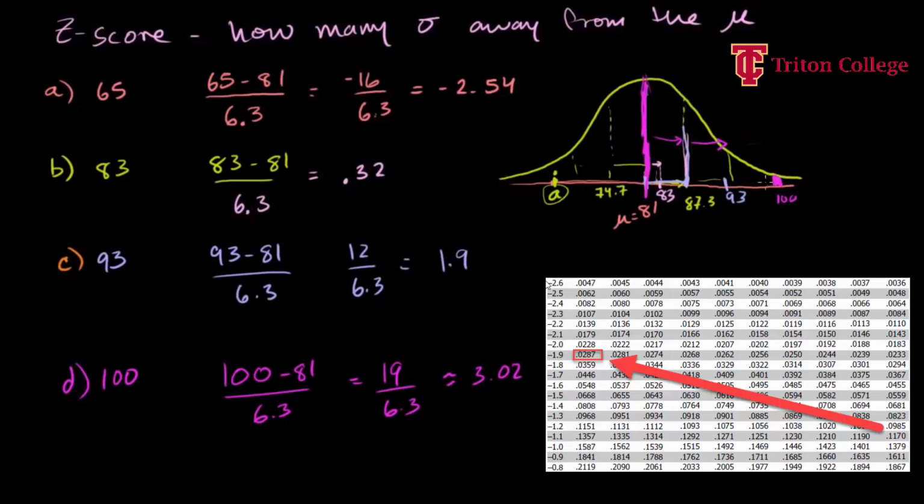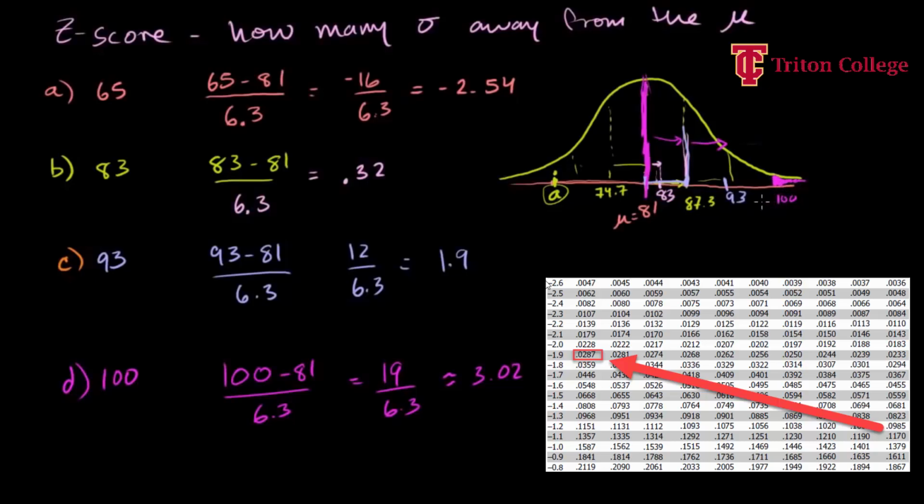So if we take C, a score of 93, 93 is above our mean of 81, and we could look on the z-score chart and see that it gives us a number of 0.0287, or only 2.87% of values would be above that.